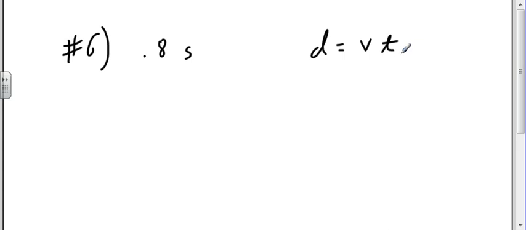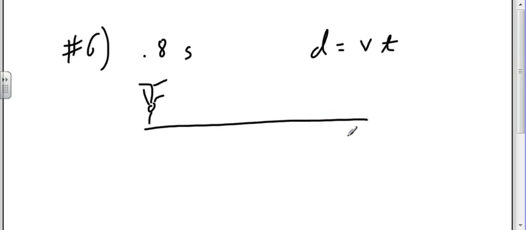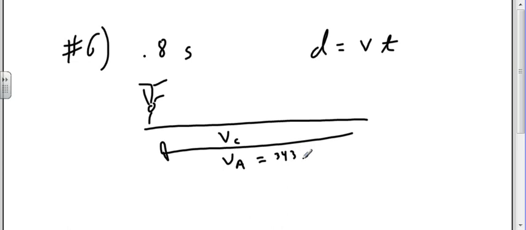So here I am sitting there, I'm the person, and I'm listening. That's my ear to the ground. I have some velocity through the concrete, some velocity through the air. Through the air I'm going to be at 343 meters per second. What is the velocity of sound through concrete?